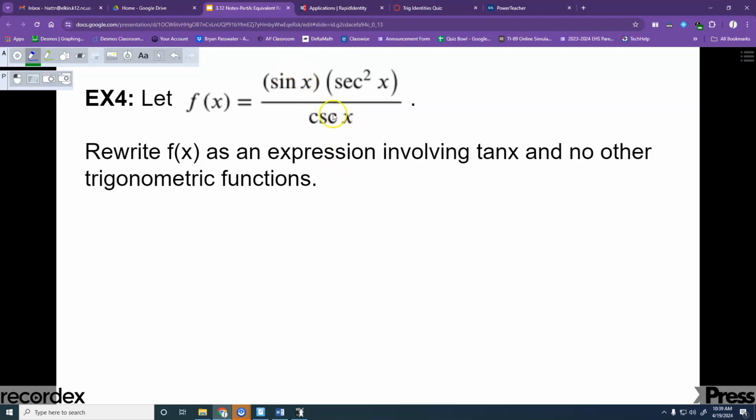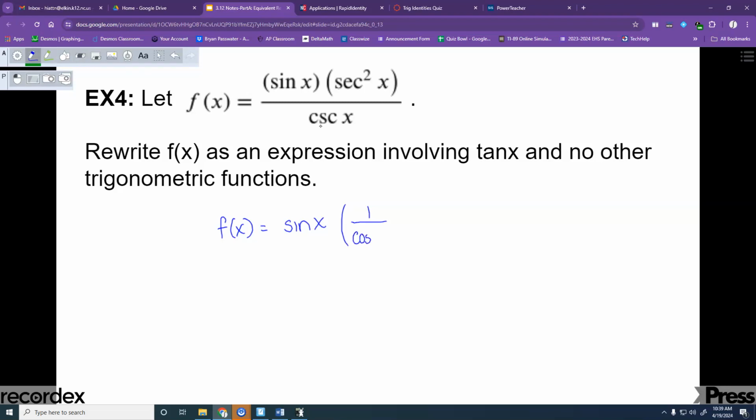I'm not sure about what I should do there. If I were doing this problem, I would change everything to sine and cosine first. So this is what I would do. I would do f of x equals sine of x. Secant squared x is going to be 1 over sine, not sine, what would it be? Cosine.